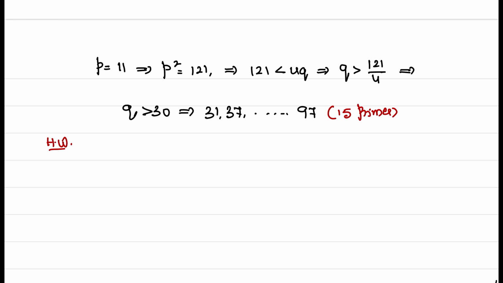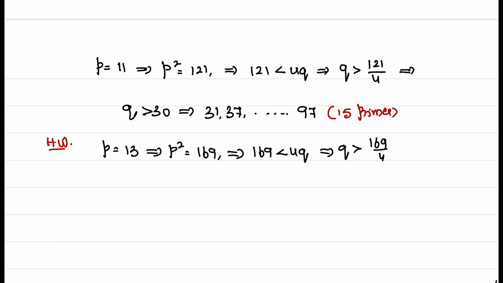When P is equal to 13, P square is equal to 169, which implies 169 is less than 4q. That implies q is greater than 169 by 4, that is, q is greater than 40.